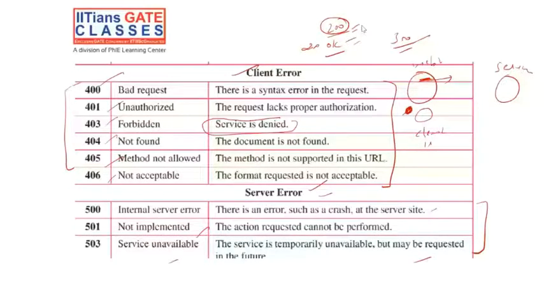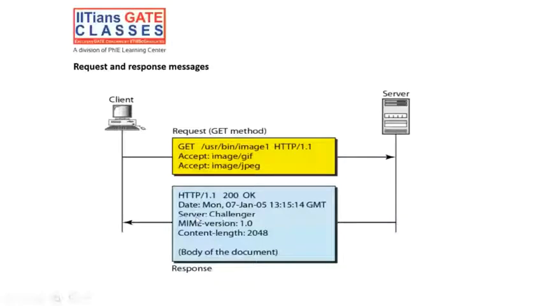So what is in the request message? One example we can see, and what is in the response message. In the request message, to get the document you have to use the GET command, right? So this GET command, then the path, and this HTTP one, what is the meaning? We will see in a further slide.